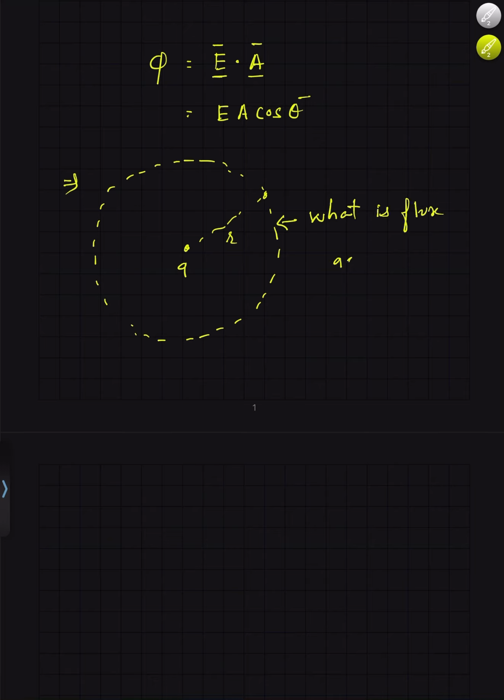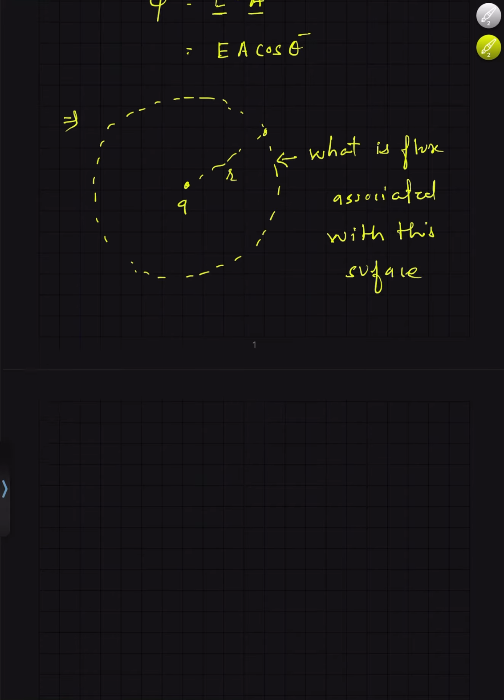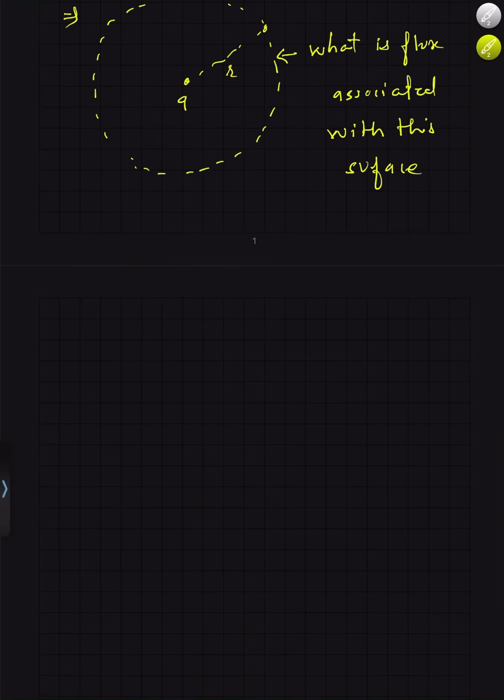According to Gauss law, the closed integral of E dot ds is equal to the total charge inside this surface divided by epsilon naught.